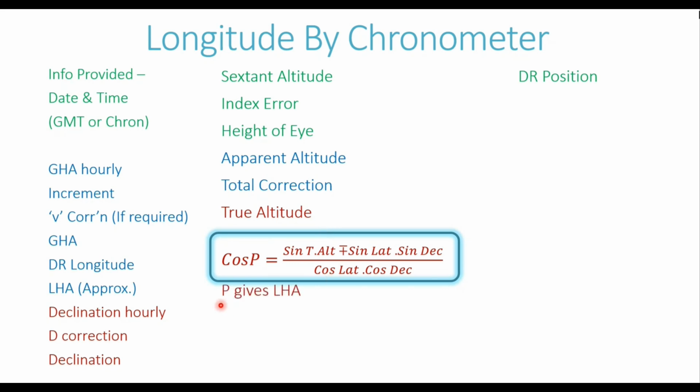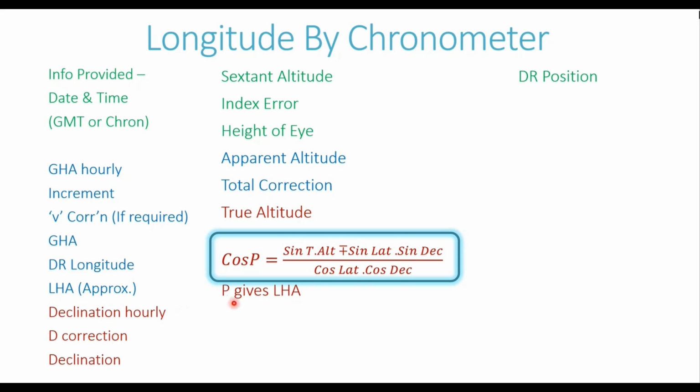Now, once you obtain the value of P from this formula, we can obtain the exact or accurate LHA. We calculated the LHA using the DR longitude also, but that was approximate.